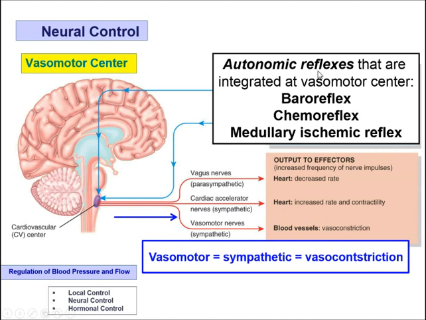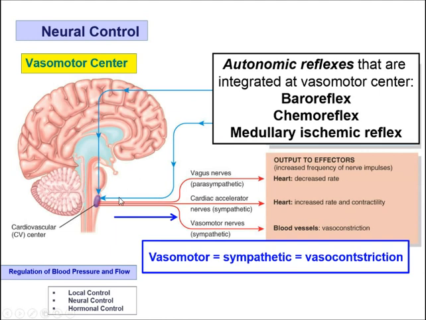And I just want to remind you of those. Here are our autonomic reflexes, and these are going to be integrated as well at the vasomotor center. We talked about the baroreflexes, we talked about chemoreflexes, and I just want to add the medullary ischemic reflex at this point.